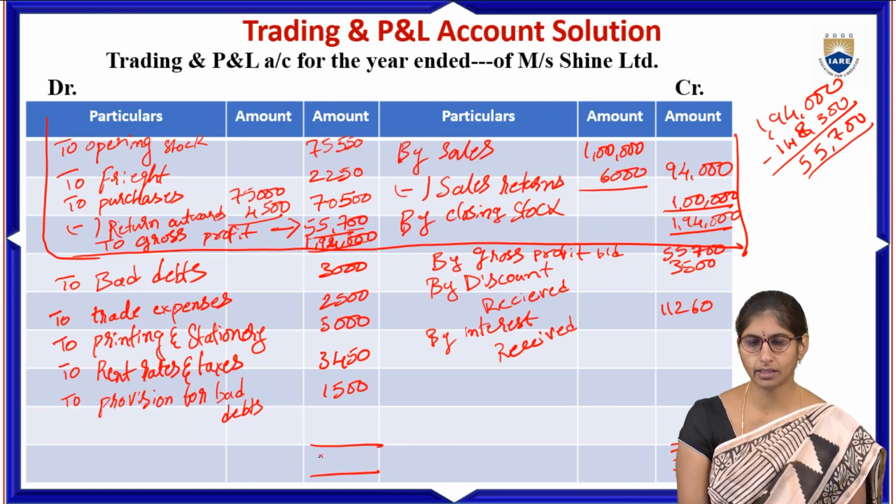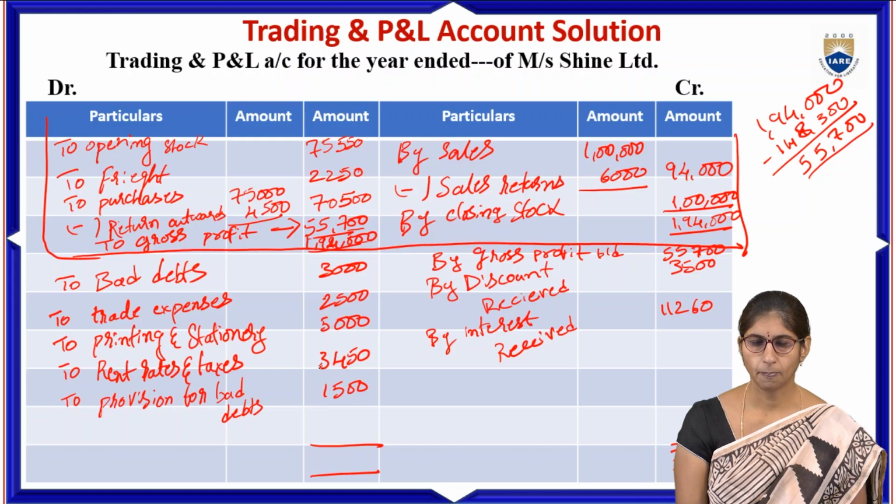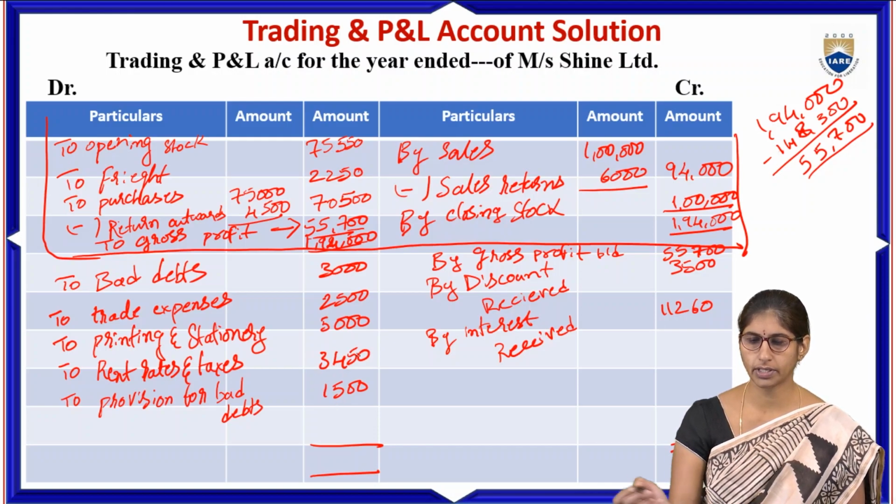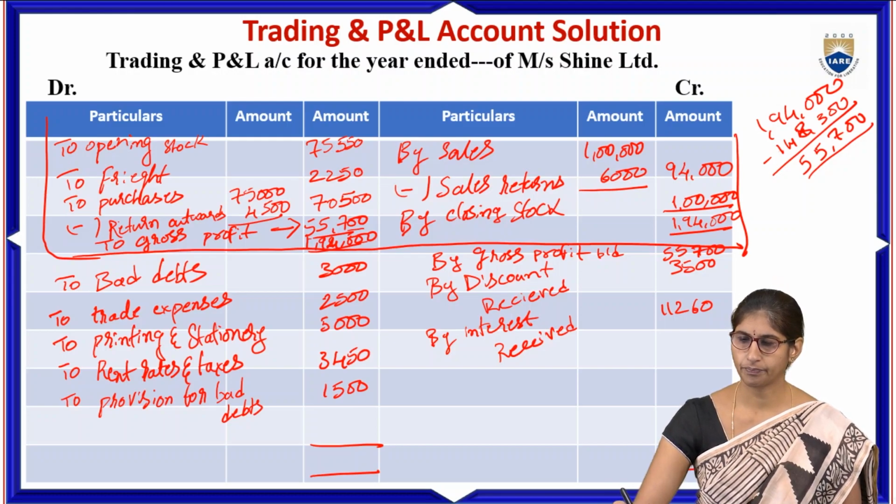Now we shall take the total of debit side: 3,000 plus 2,500, 5,500 plus 5,000, 10,500, 11,000, 12,000, 12,300, 13, 14, 15,000, 15,450.